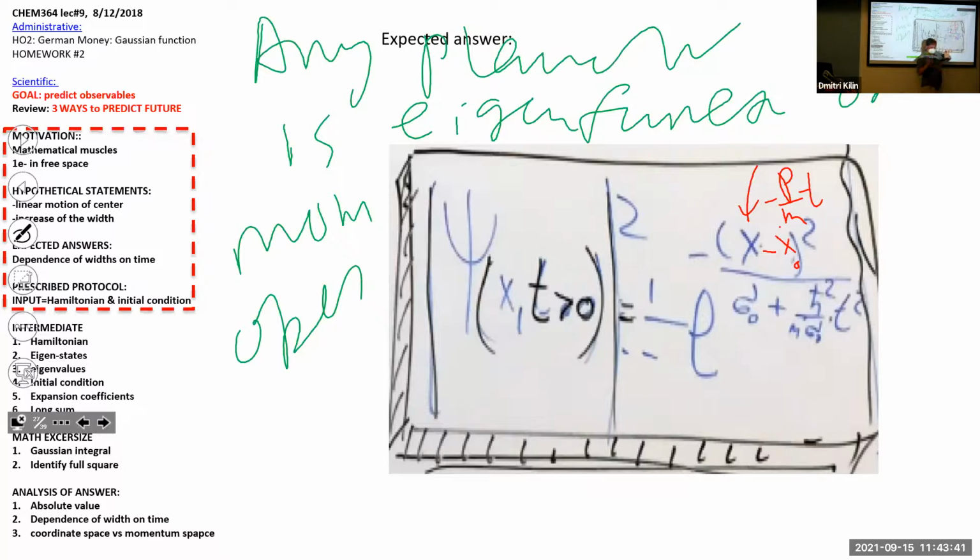So the center of the wave packet moves forward. In the denominator, we'll have the original width plus some factor times time squared. So it will become fatter and fatter with increasing pace. So all exhausting mathematical efforts will be directed towards getting this result, following the protocols that we established.